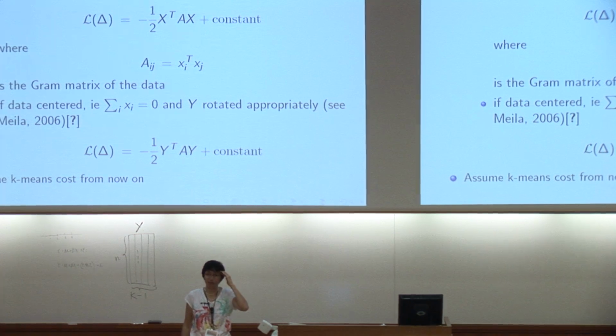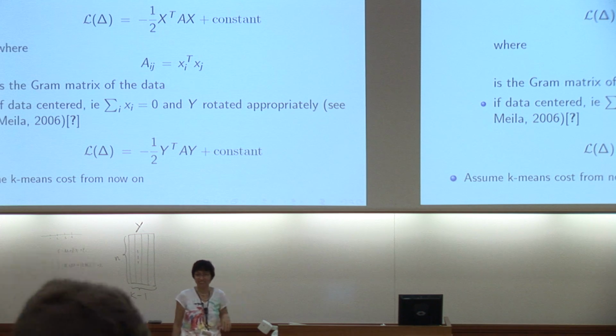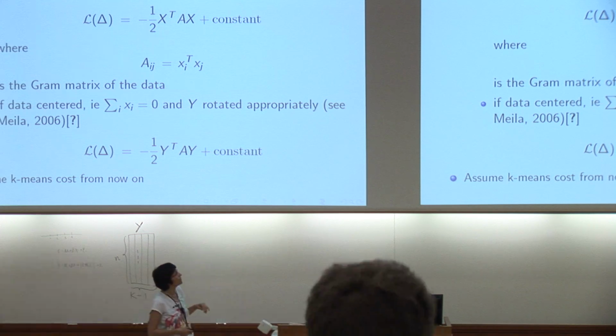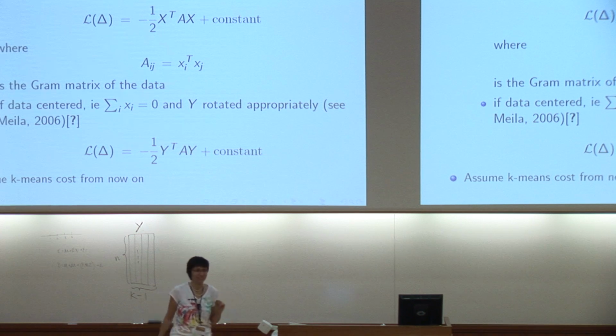Now, I want to hear a question. If the cost is quadratic, why is clustering hard? Yes, wouldn't you jump and ask why is that? So if I can put k-means in this nice quadratic form, why is it so hard to cluster? It's discrete, yes.